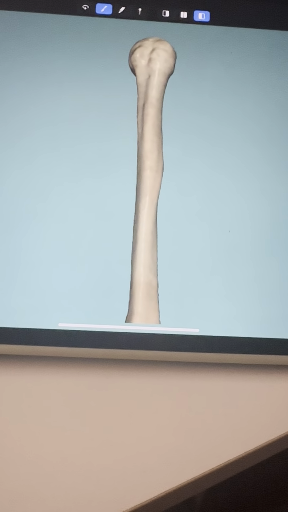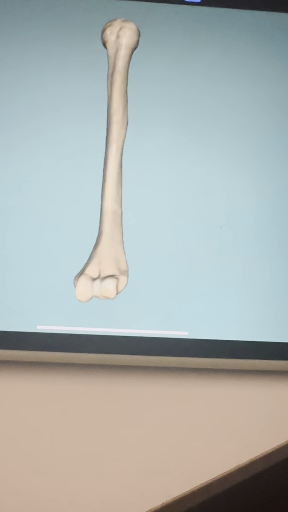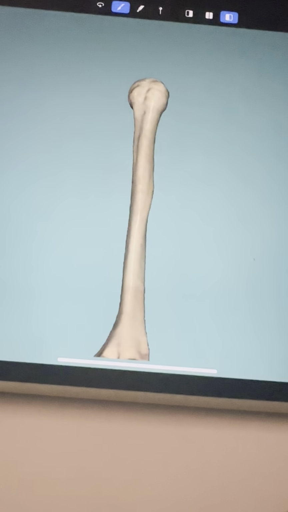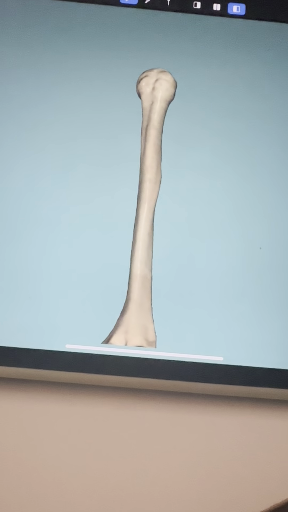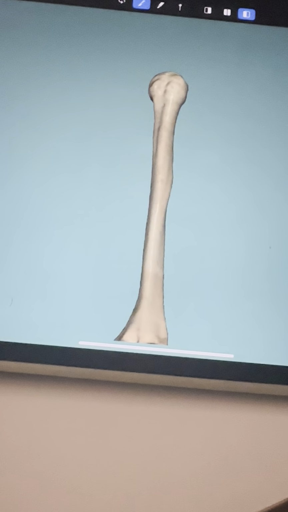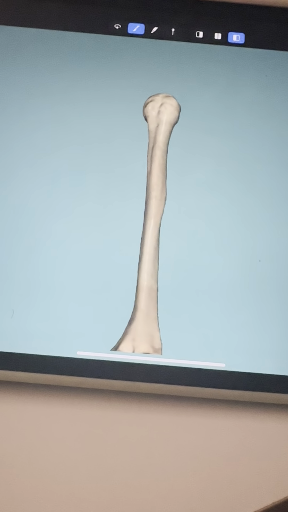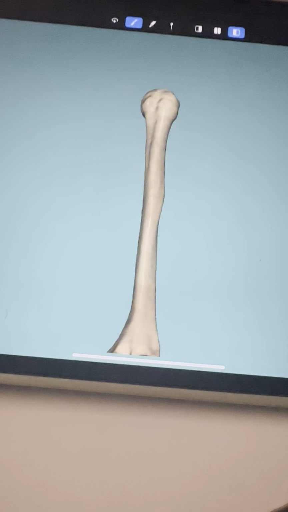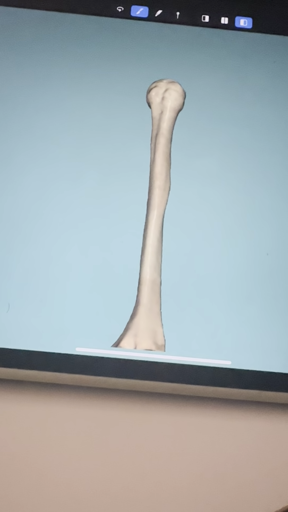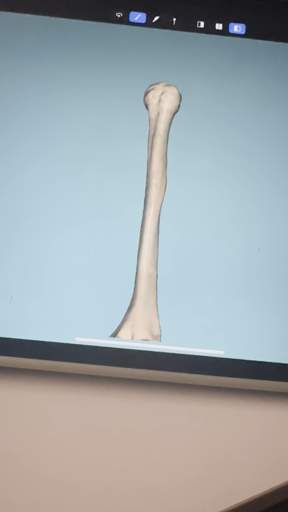With the surrounding structures, there are a lot of muscles around the humerus. Starting at the top, you have the deltoid muscle, innervated by the axillary nerve, like I stated before. It covers the proximal humerus. You have your rotator cuff muscles, which include the supraspinatus, infraspinatus, teres minor, and subscapularis, attached near the greater and lesser tubercles, stabilizing the shoulder.